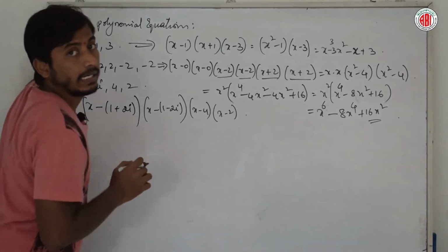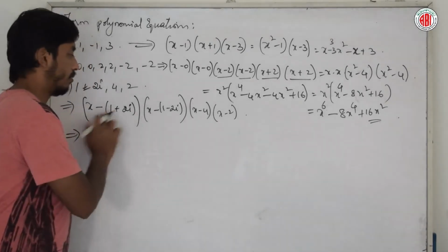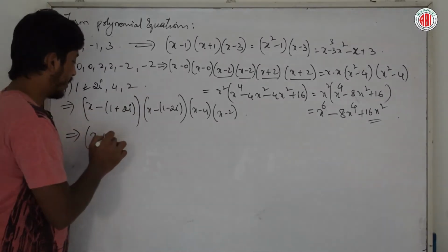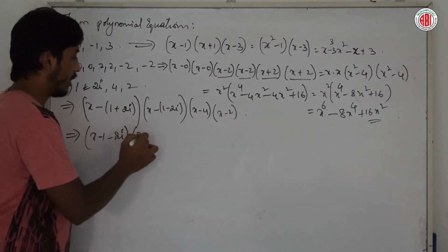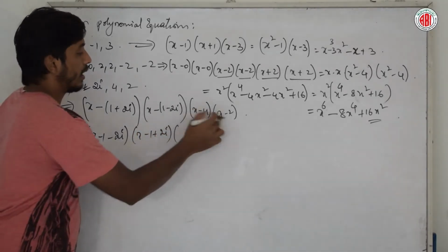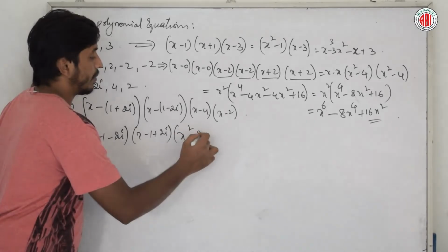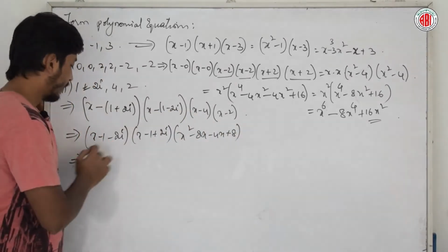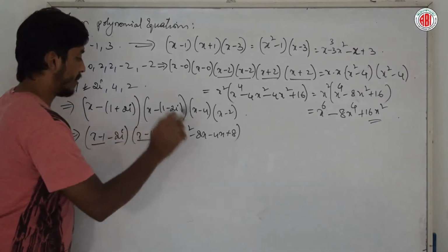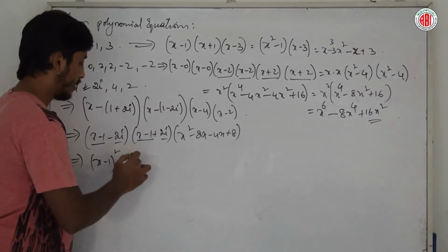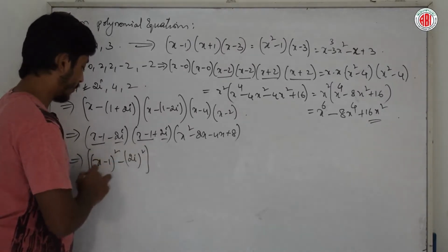Is it? Now, let me multiply in a tactful way. X minus 1 minus 2i. Here x minus 1 plus 2i. Here let me multiply x square minus 2x minus 4x plus 8. Now x minus 1 minus 2i, x minus 1 plus 2i, that is x minus 1 whole square minus 2i whole square.